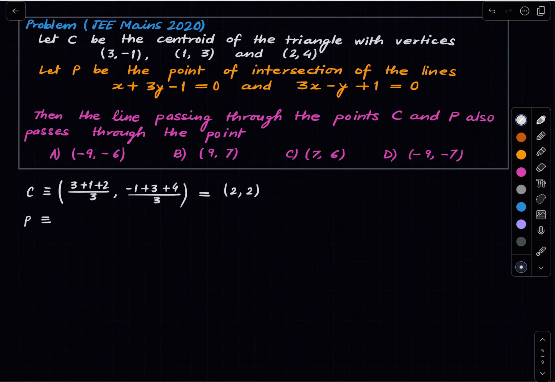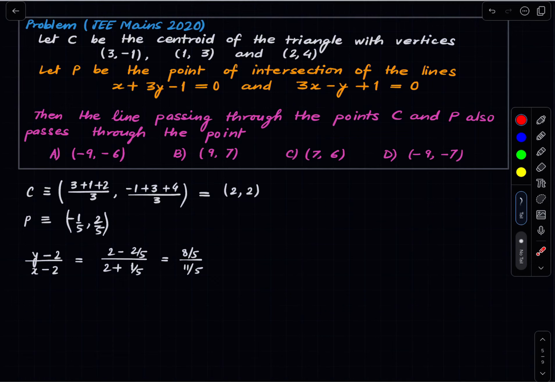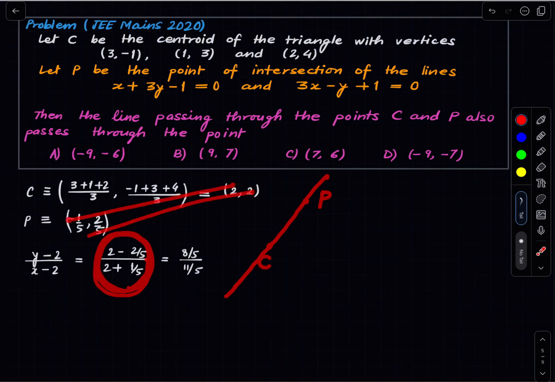Okay. So P is that. And therefore the equation of the line passing through P and C is... I'll justify this. Yeah, so what's happening? We have the point P, we have the point C. So the equation of the line passing through this, the slope of the line, right? Because 2 minus 2 by 5 and 2 minus 1 by 5, we have just taken the ratio.